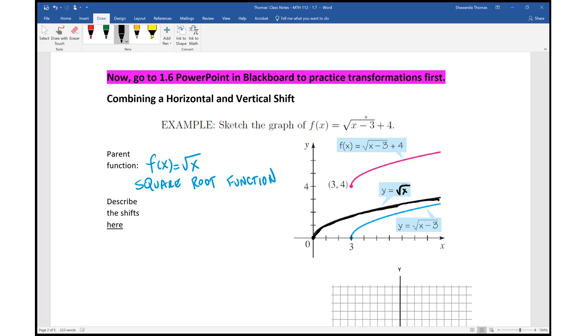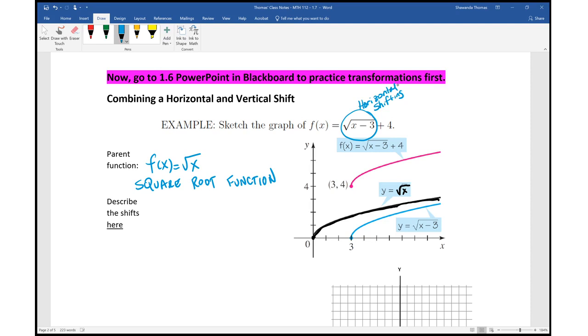But notice this part is enclosed inside of something. So this part right here is horizontal shifting. It's enclosed inside the parent function, square root of x. So that x minus 3 part, because it's horizontal shifting, will go opposite of what you think.